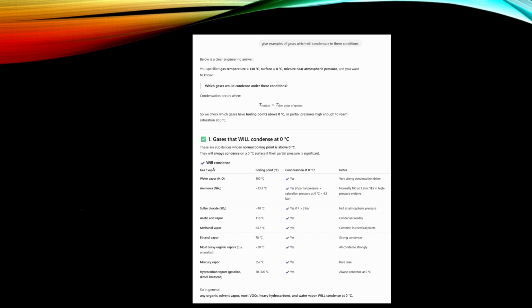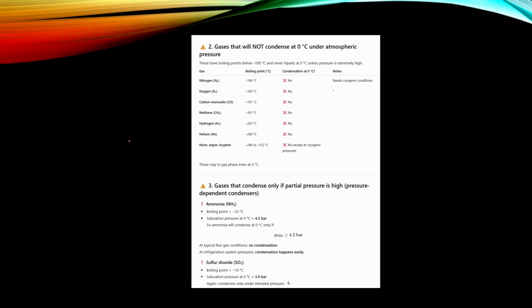And here are examples: for example, water vapor, acetic acid vapor, methanol vapor, ethanol vapor, most heavy organic vapors, hydrocarbon vapors. And which will not condense: here we have examples of those gases. For example, nitrogen, oxygen, carbon monoxide, methane, hydrogen, helium.